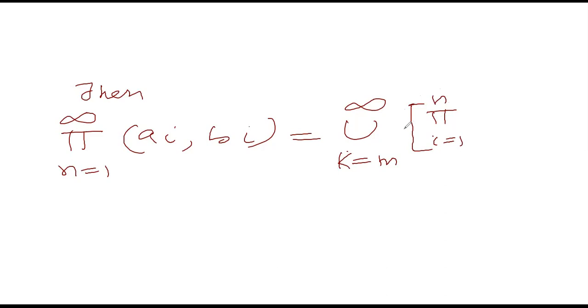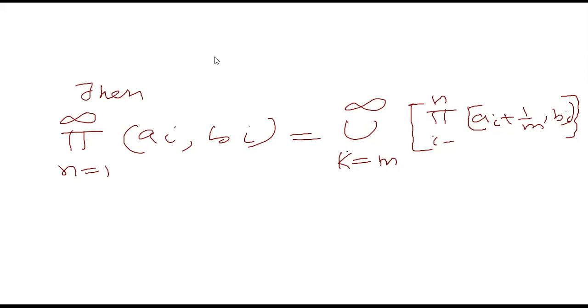This theorem we have already done for the real line. Now we have to do this theorem for n dimensional space R^n. The proof for the real line is already done, and then you can easily understand this result.